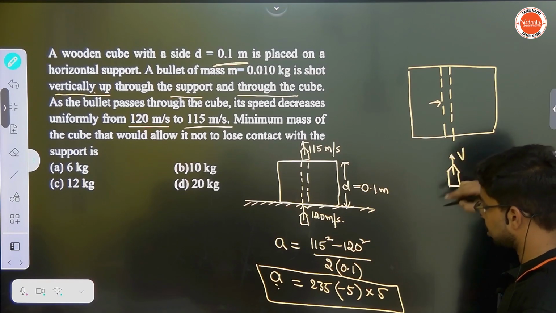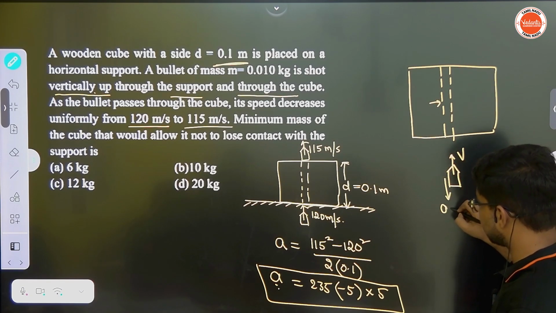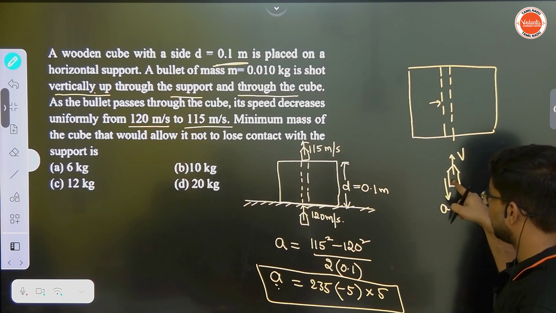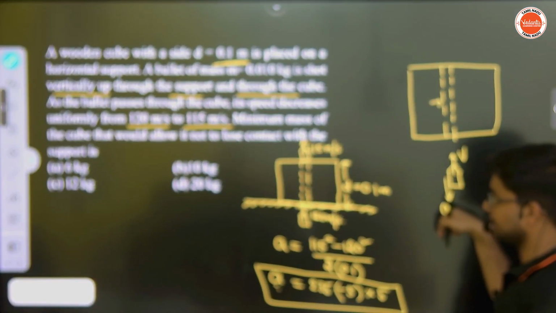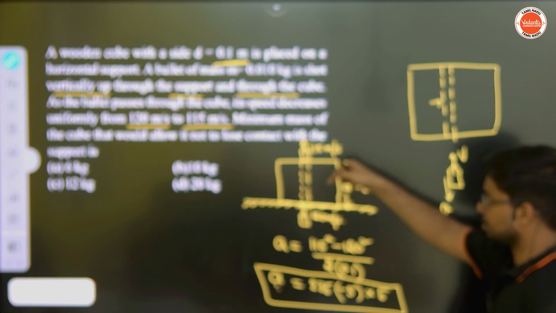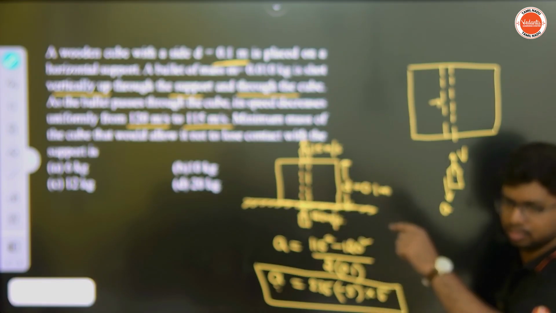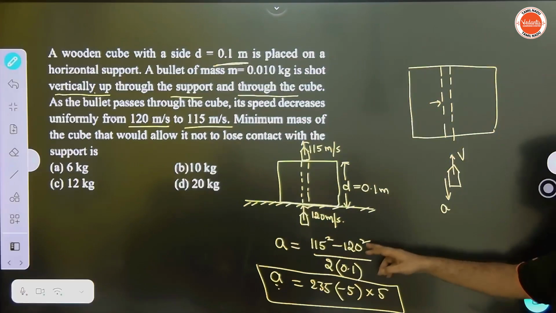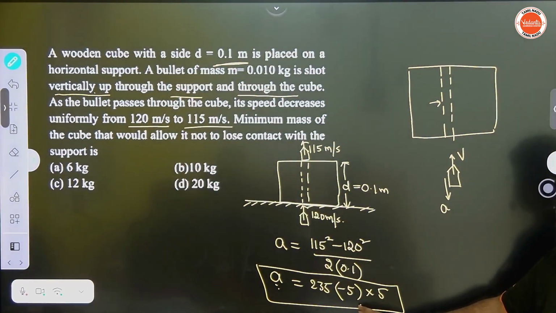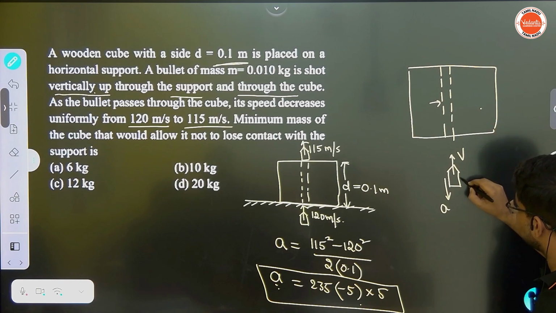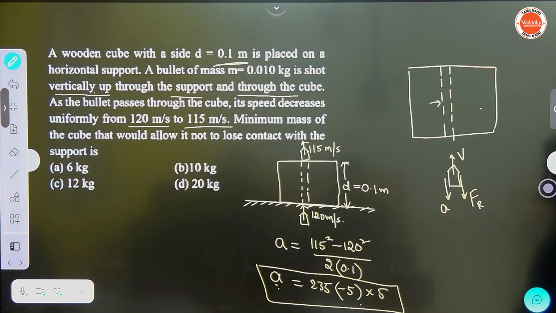So if it has to decrease its velocity, I should show its acceleration in the downward direction. Correct? If it has to have an acceleration a in the downward direction, its mass is very negligible, so because of the mg force it would just have its acceleration g in the downward direction. But instead, this is a very high acceleration, right? So that means this block is actually applying some resistance force in the downward direction.